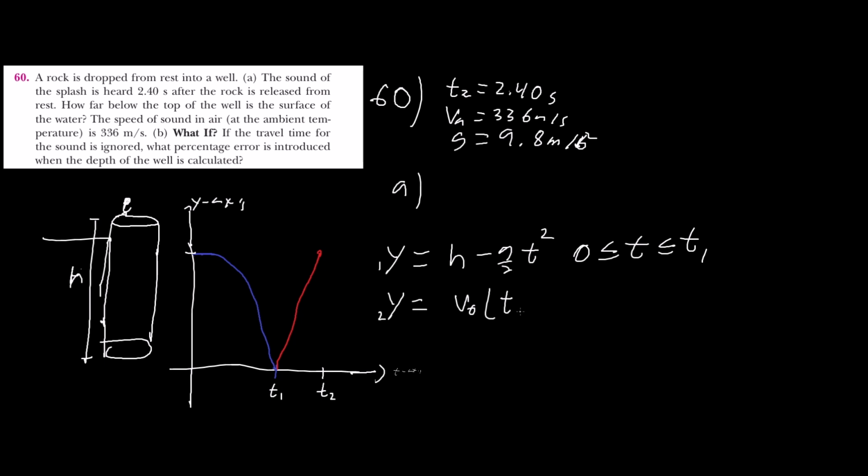I'm going to put a plus. Would that work? No, actually, it wouldn't work. Okay, t minus t1. I've done this so many times and then I forget. So that's the time interval after t1, and that t would have to be between t1 and t2.